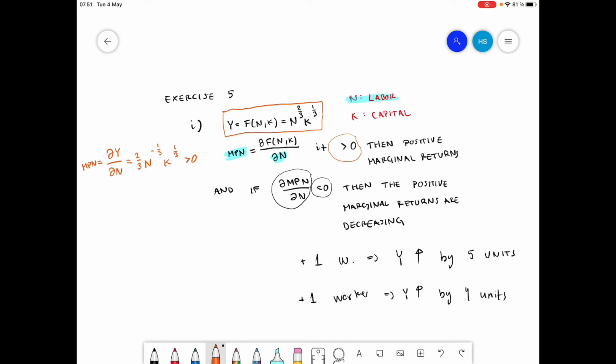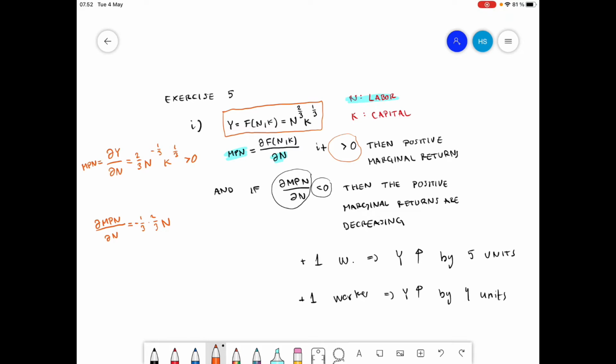If we have decreasing marginal returns, we need to have that when we differentiate the marginal product of labor with respect to labor, the whole expression is negative. So we differentiate the marginal product of labor, we take down the exponent, that is 1/3, multiply by the whole expression and subtract 1.